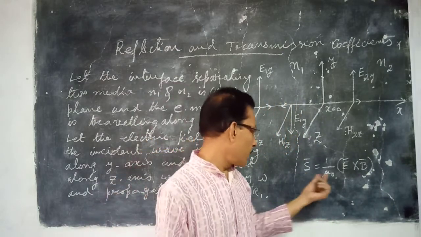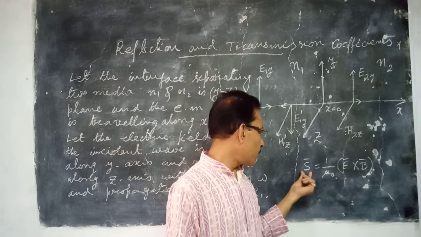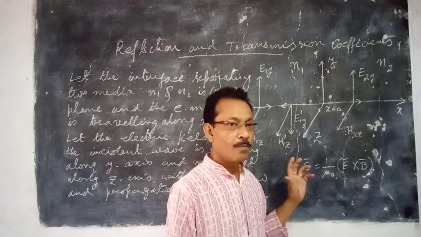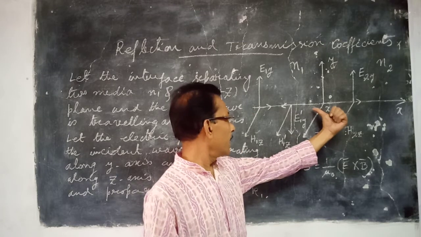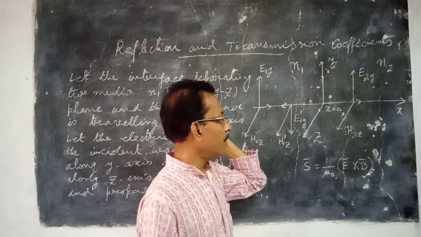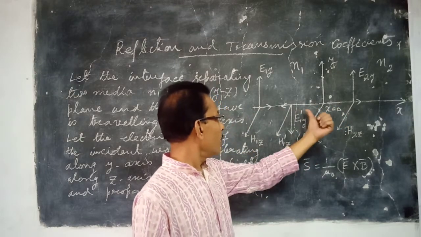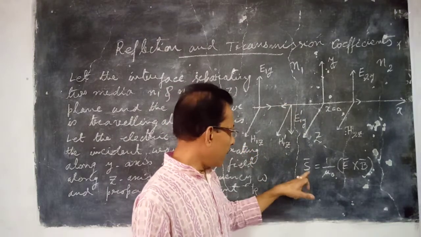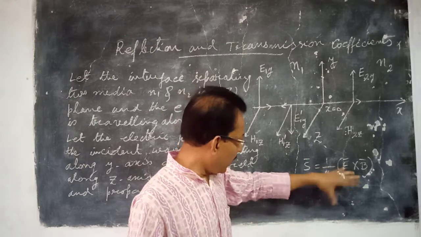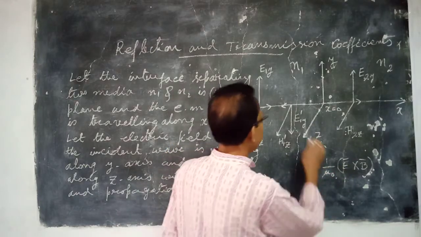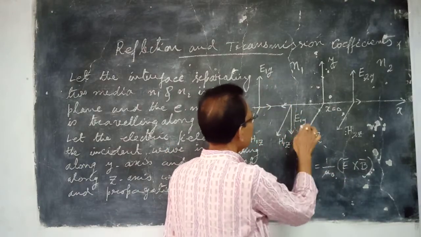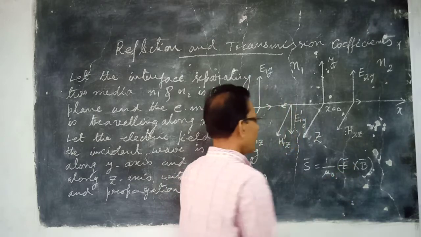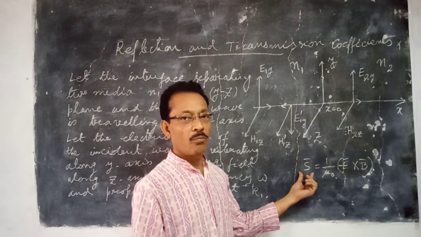Now the energy is propagated in the direction perpendicular to both E and B or E and H. Now here the energy of the reflected wave is traveling along the minus x-axis. Then if we flip E, so that E_y is in the negative y direction, it will change its direction.